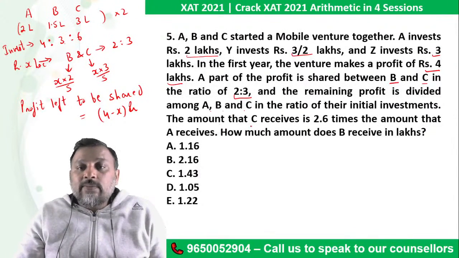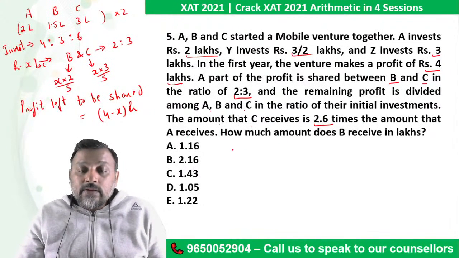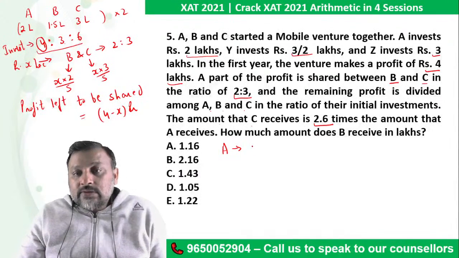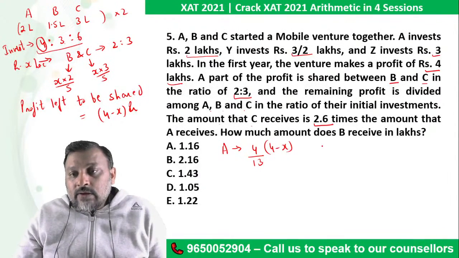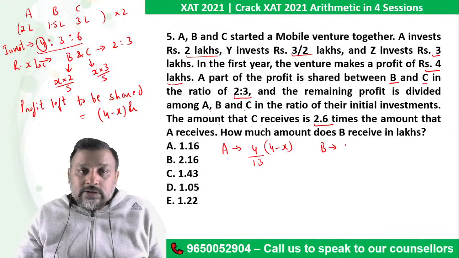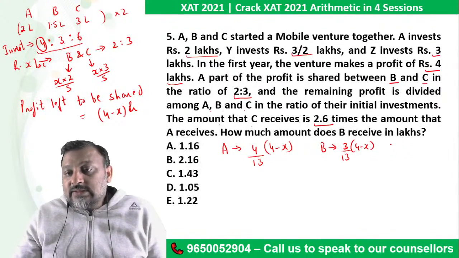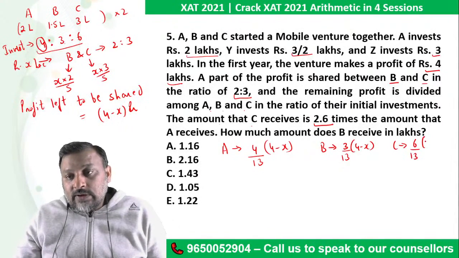Okay, now it is given the amount that C receives is 2.6 times that of A. So can we say A will receive 4 parts out of this 13, 4 by 13 of the remaining profit, while B will get 3 by 13 of the remaining and C will get 6 by 13 of the remaining.